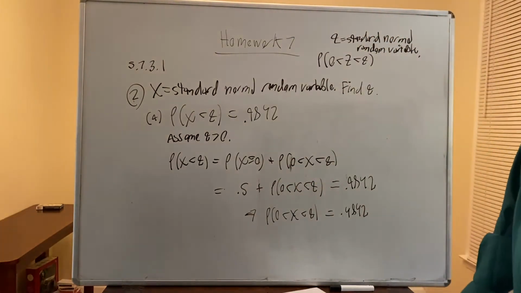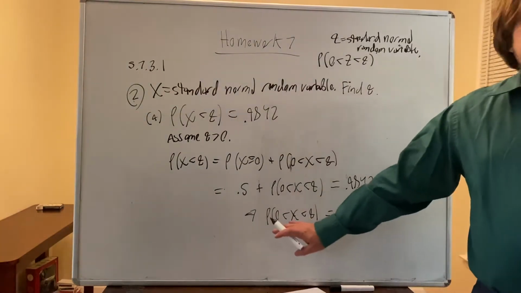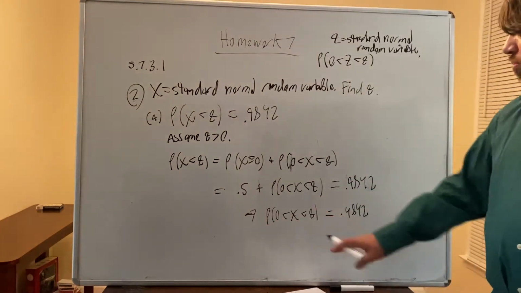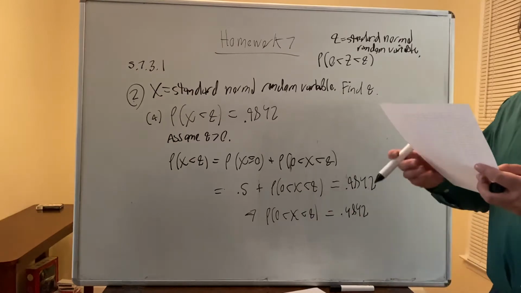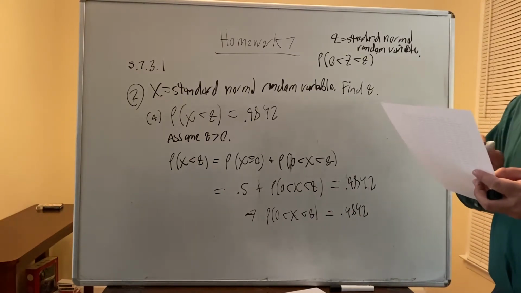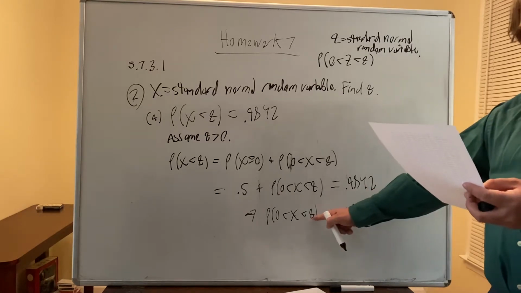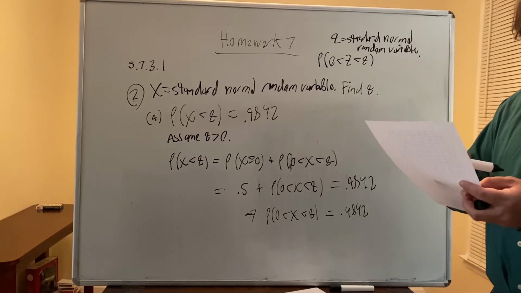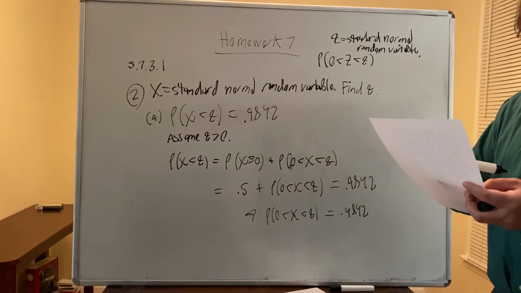And so now let's look in the table. Is there a probability among those over 300 numbers where the probability is 0.4842? And there is. If you look at z equals 2.15, the table tells you that it's 0.4842.